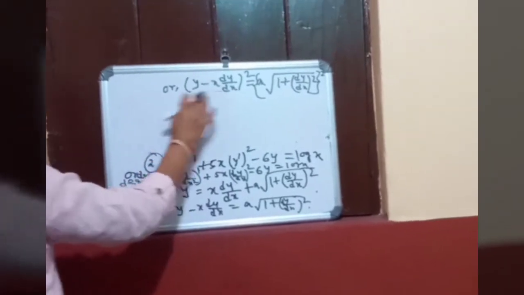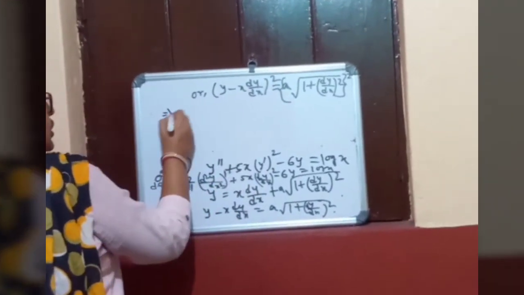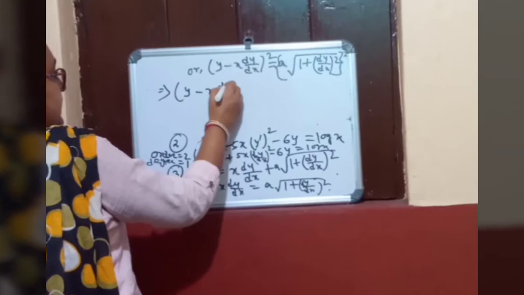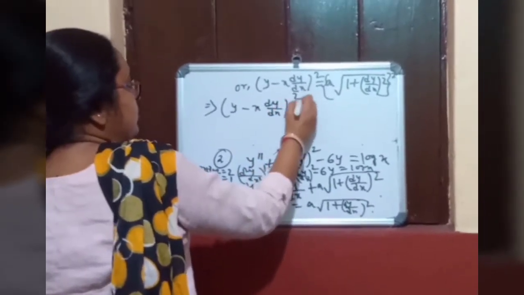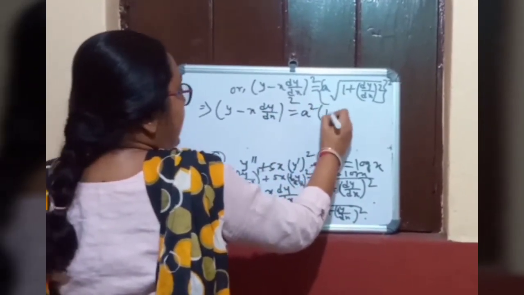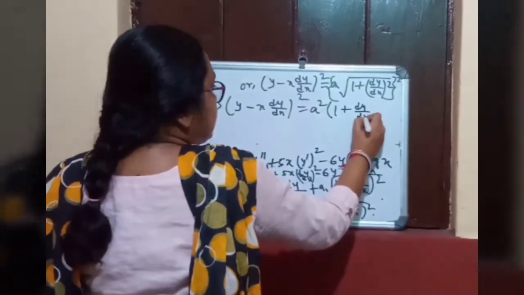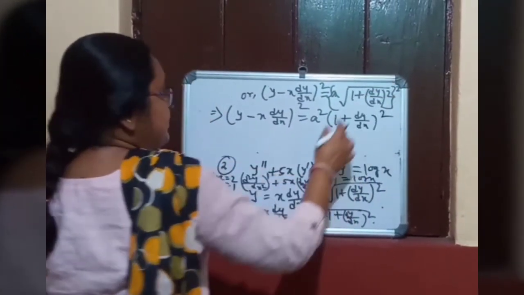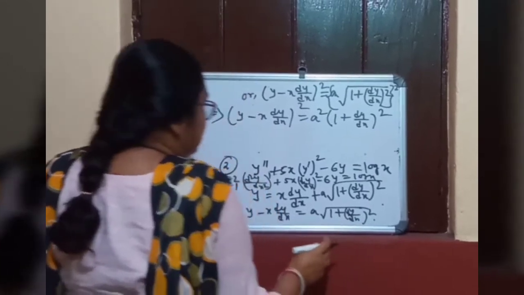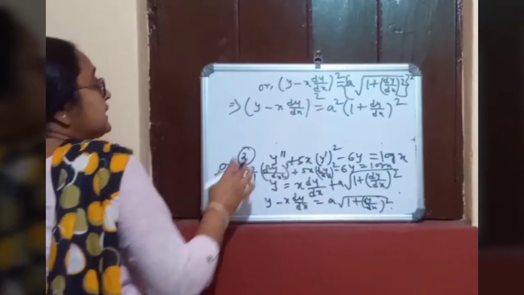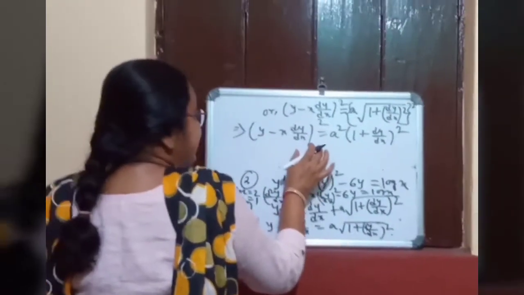Squaring both sides, (y − x dy/dx)² = a²(1 + (dy/dx)²). The root is removed because the square is present. Now, what is the order and degree?